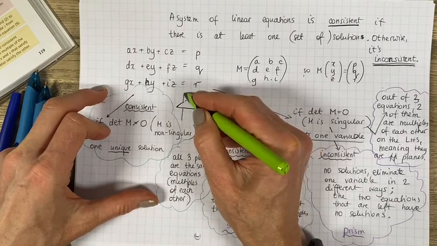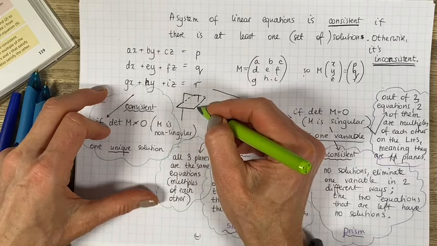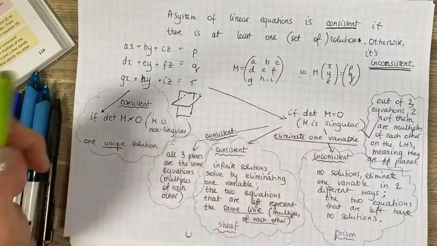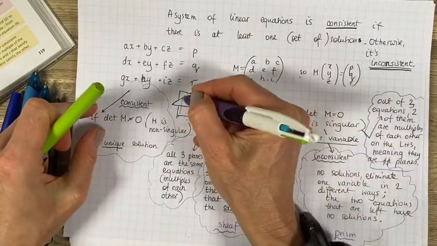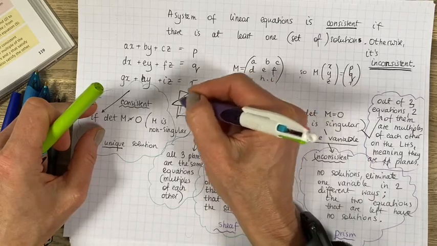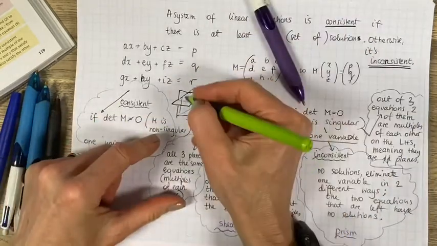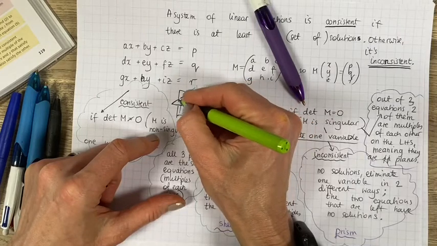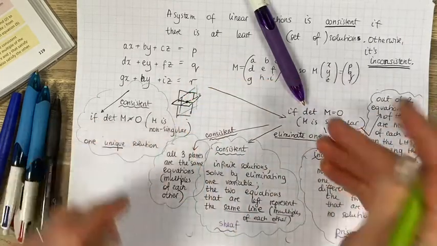Like that, maybe. There's another plane. So that's two planes connecting, and if I add another plane, maybe sideways like this, those will meet at one point over here.